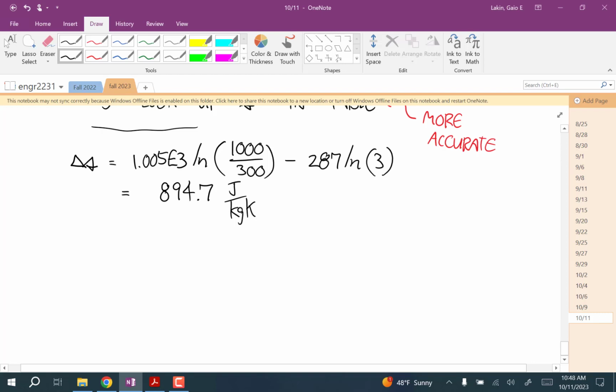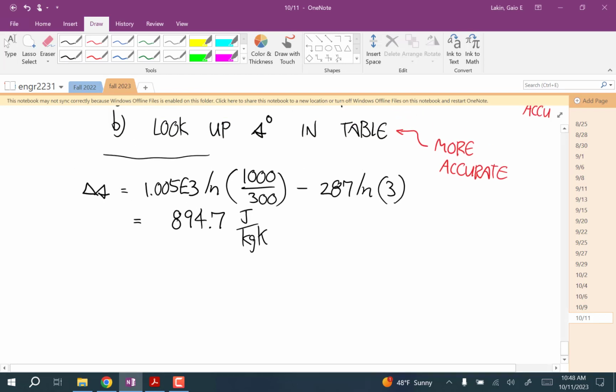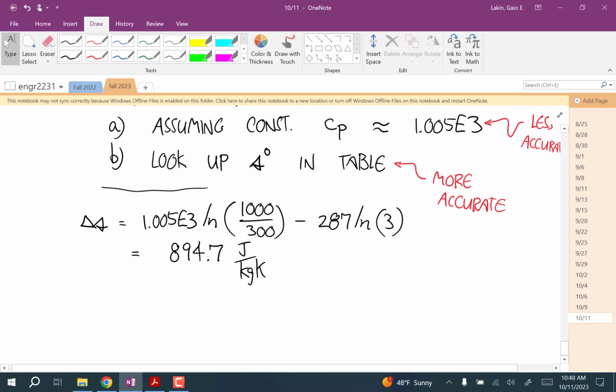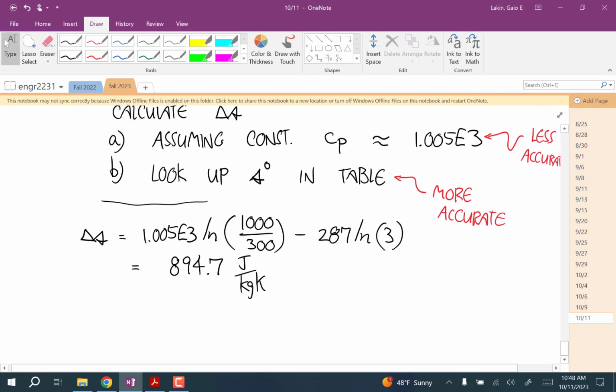How did we get, for the first part, the 1.005 times 10 to the third? Oh, how did we get that C sub P? The 1.005, that's just something that you have to look up in a table.